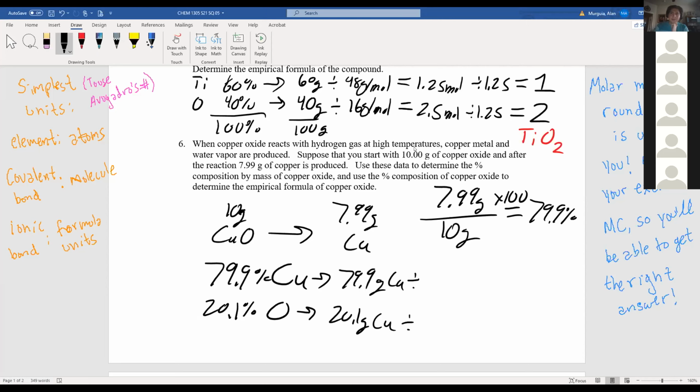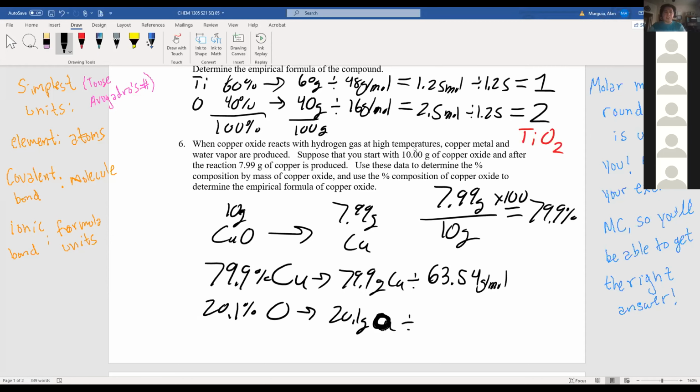So, what is the molar mass of copper? 63.54. Oh, sorry, I remember. Sorry about that, Sophia. Yeah, that's oxygen. So 63.54 grams per mole of copper. And what about for oxygen?